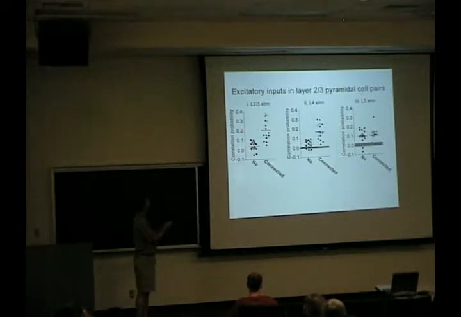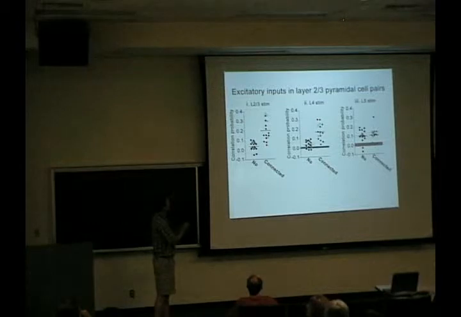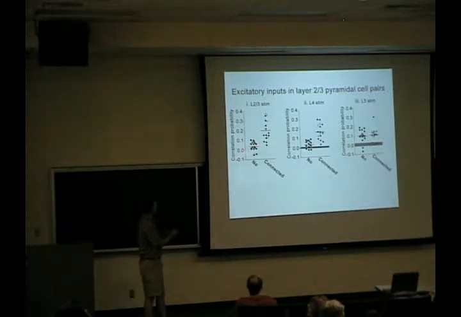When the cell pairs are connected, their correlation probabilities are high, meaning they share a lot of common input within layer 2-3. They also share common input from layer 4. So these connected cell pairs share common feed-forward input from layer 4, and the recurrent connections maintain that selectivity. When they're not connected, they don't receive as much common input.